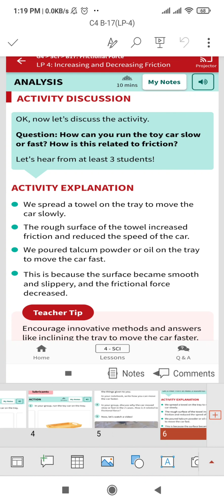We can use oil, meaning lubricants. They help to reduce the friction and make the movement of the car fast. So these things we can do to increase or decrease the friction so that things can move slowly or fast.